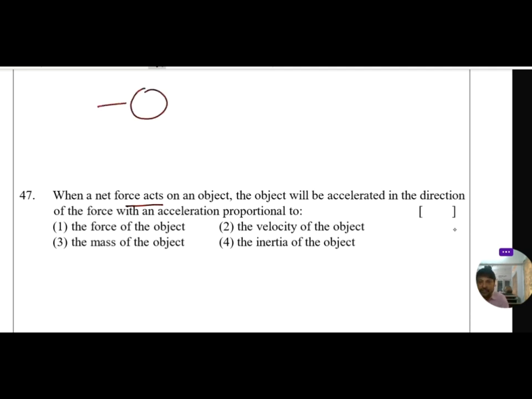When a net force acts on an object, the object will be accelerated in the direction of force. Greater the force, greater is the acceleration. So acceleration is directly proportional to force. So for the 47th, option 1 is the right answer.